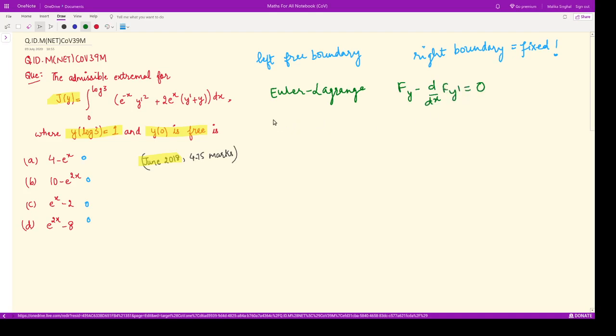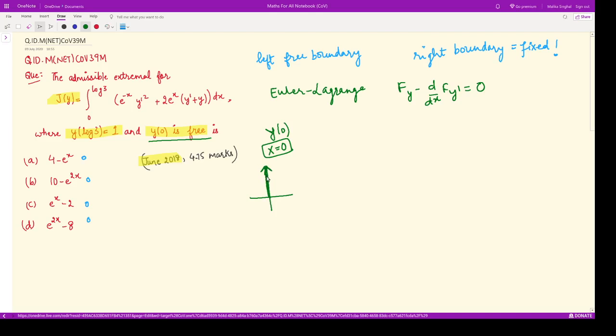Moreover, if our endpoint is free, here you can see that y at the point 0 is free. So that means they have specified x is equal to 0 is fixed and y can have any value along the y axis.